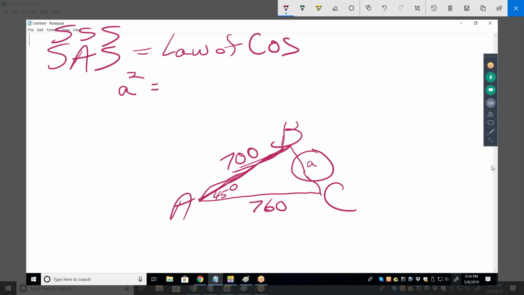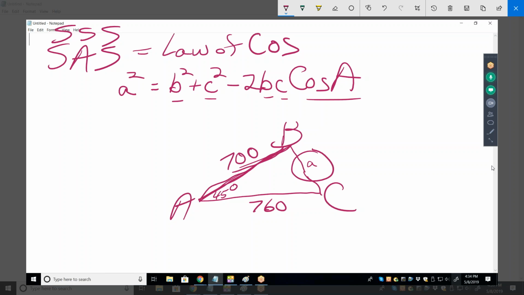B squared plus C squared. Keep going. Minus 2BC cosine A. The reason I said start with little a is because we know what that is, we know what that is, and we're going to be able to figure out what that is. So everything on the right side of the equation is a known. So we're going to be able to solve for a.